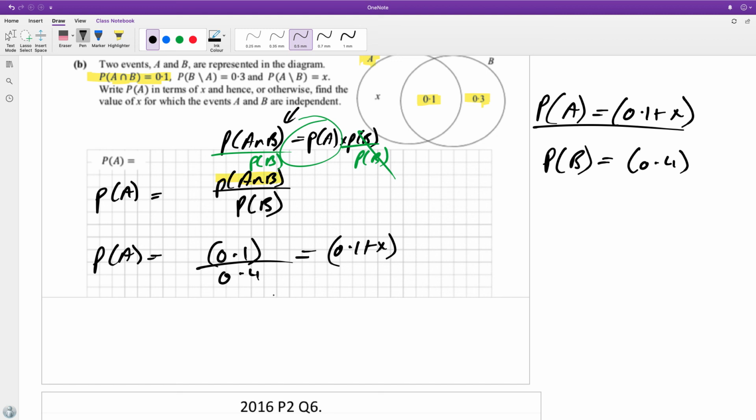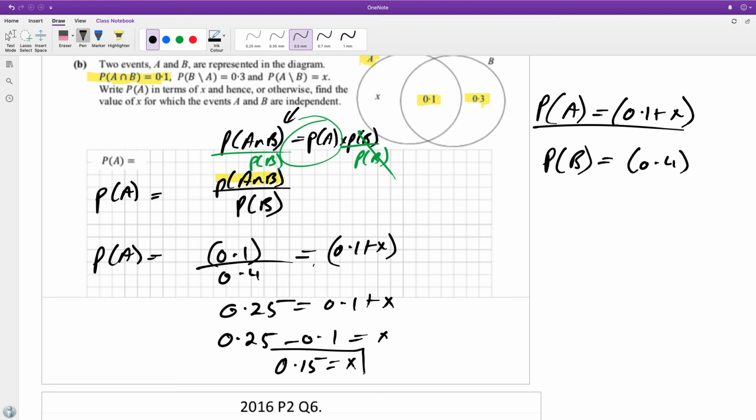So 0.1 divided by 0.4 is 0.25, which is equal to 0.1 plus x. 0.25 minus 0.1 is equal to x, which is 0.15. And that's your answer.